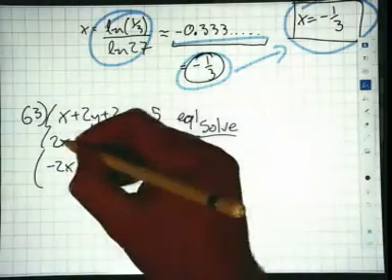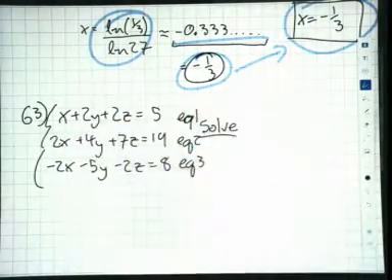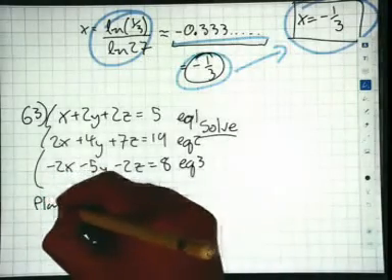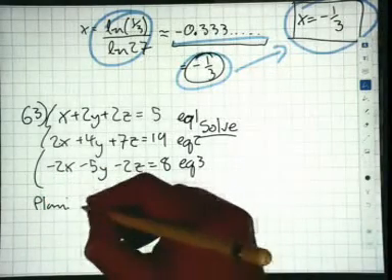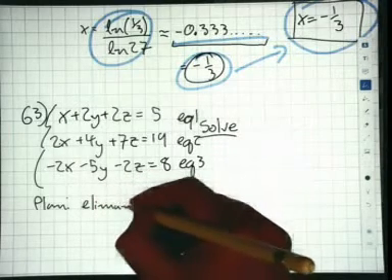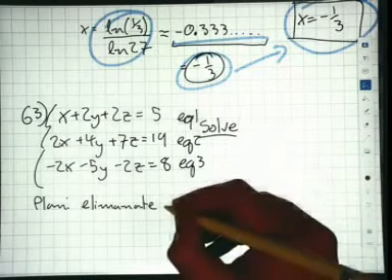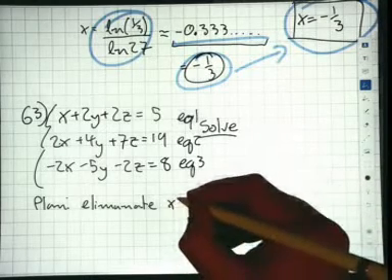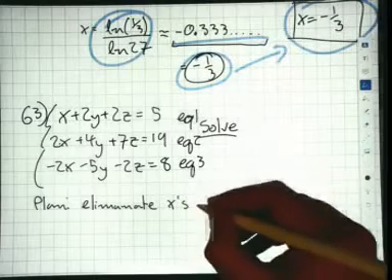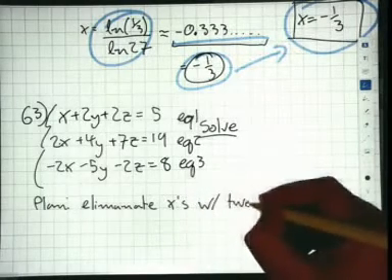And I also love the fact that I got a positive 2x and a negative 2x. So here's my plan. I'm going to eliminate the x's with two sets of equations.